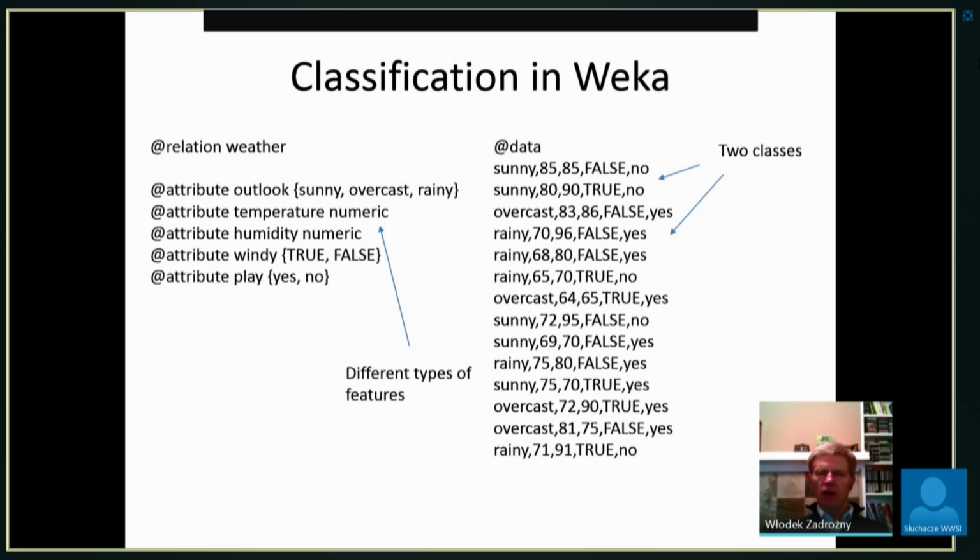And under the attributes we specify the data. So we specify what we know about this problem. So in this case we have about a dozen data points, but in the homework I will ask you to create a classifier based on about 1,000 data points.